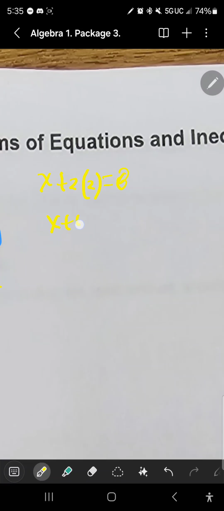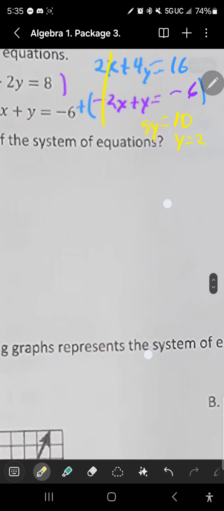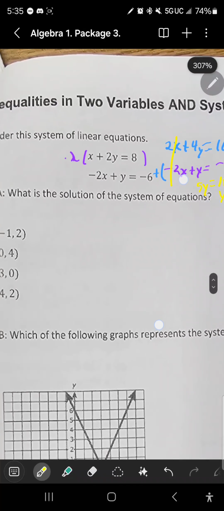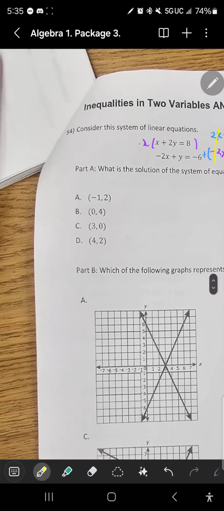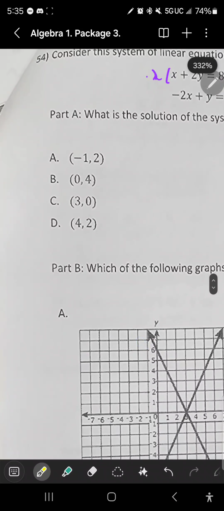Now x plus 4 equal 8, and then x equals, oh, I'm sorry, 4. Because I'm going to subtract 4 from both sides, so this cancels out, and 8 minus 4 is 4. Yep. So x is 4, y is 2, so 4 comma 2.